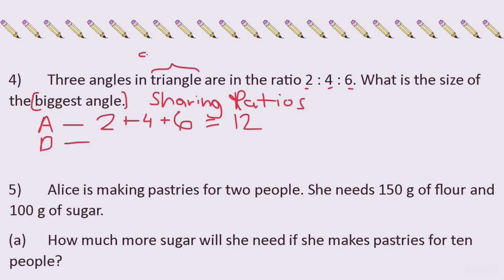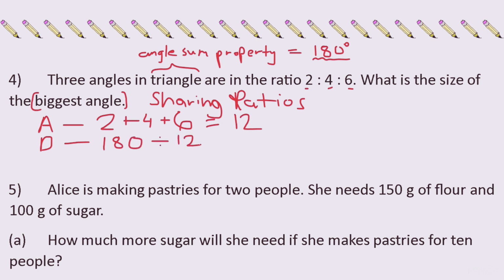So we know that triangle angle sum property is 180 degrees. So we divide 12 from 180 in this case. So 180 divided by 12 is equal to 15.